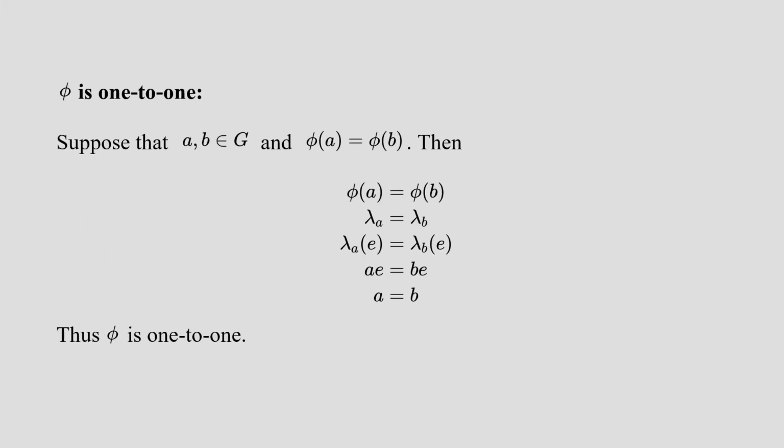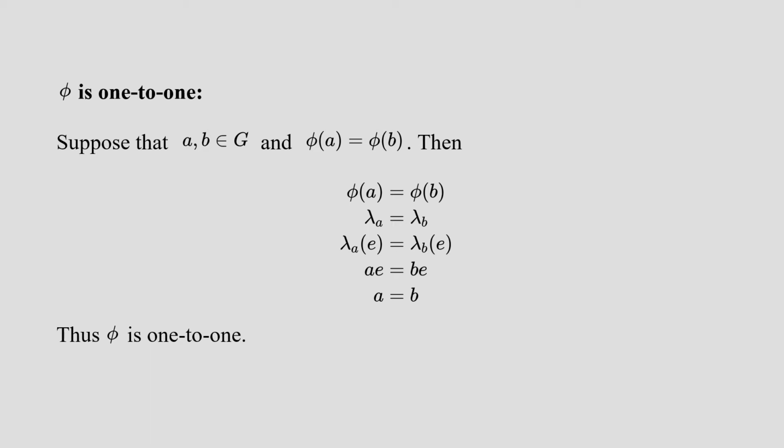Firstly, we need to verify that phi is one-to-one. Suppose that a and b are elements in group G and phi(a) equals phi(b). Then, from the definition of the left regular representation, we know that phi(a) equal to lambda sub a and phi(b) equal to lambda sub b.